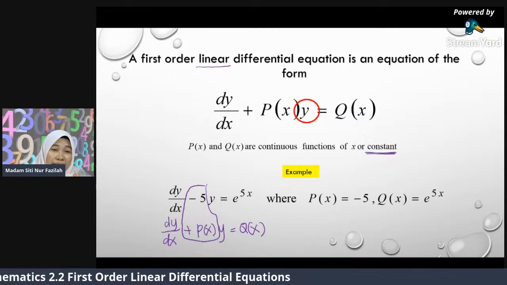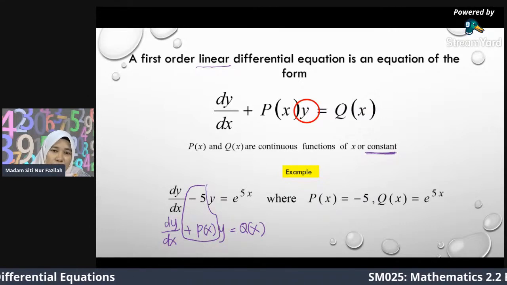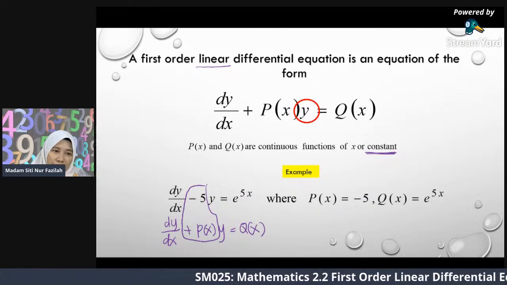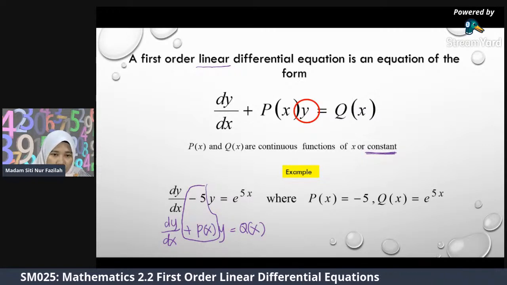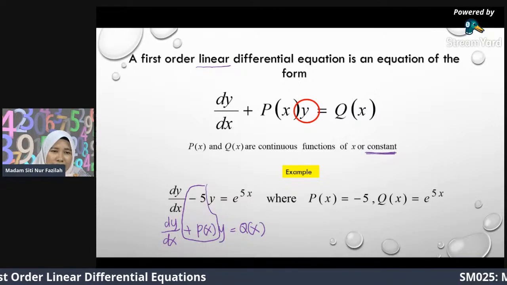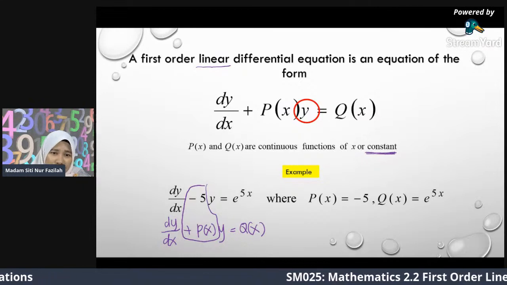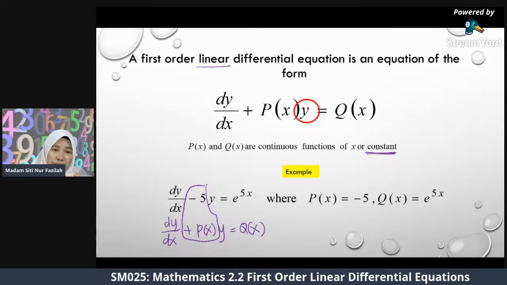It is negative 5, and q(x) equal e to the power of 5x. Don't be careless: sometimes students take positive 5, but actually the value for p(x) is negative 5, not positive 5.